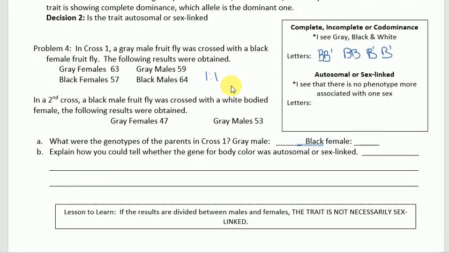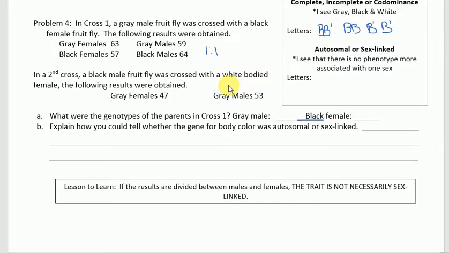Okay? So in a second cross, a black male fruit fly was crossed with a white-bodied female. The following results were obtained. 47 gray females, 53 gray males. So, what are the genotypes of the parents in cross 1? Remember, we have a 1-to-1 ratio.